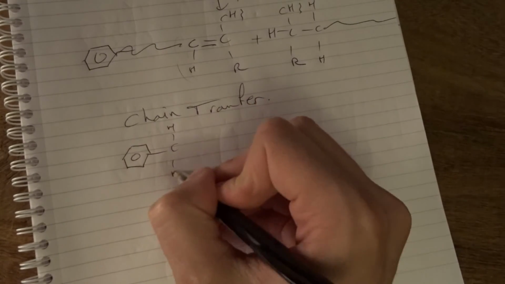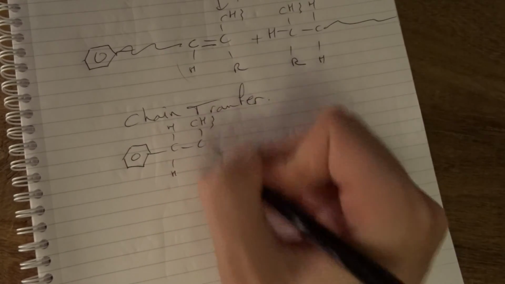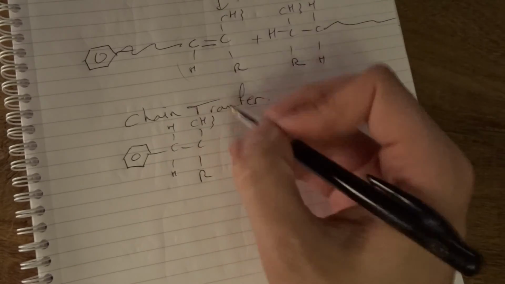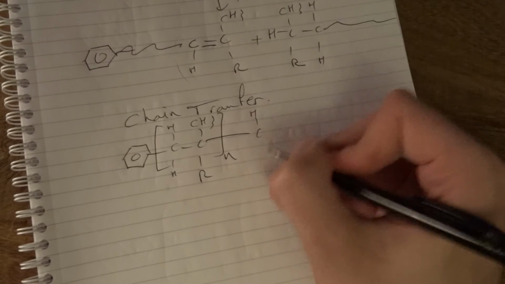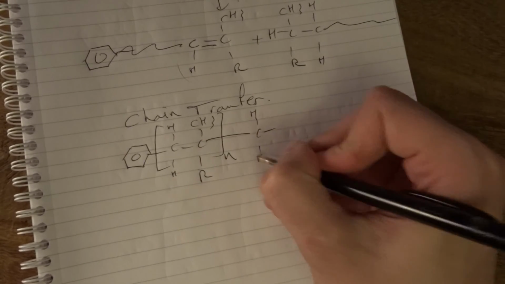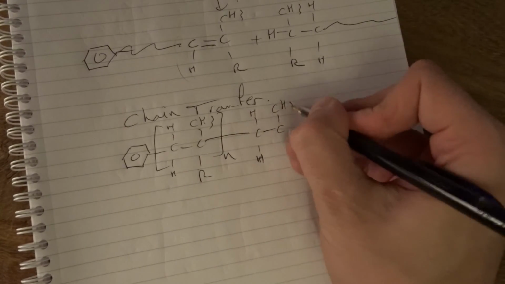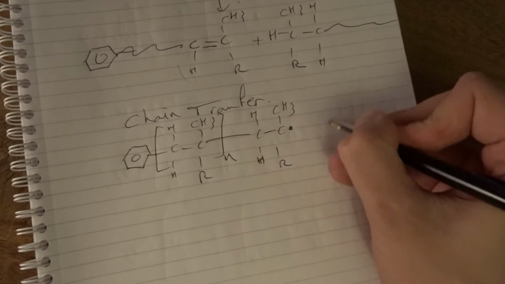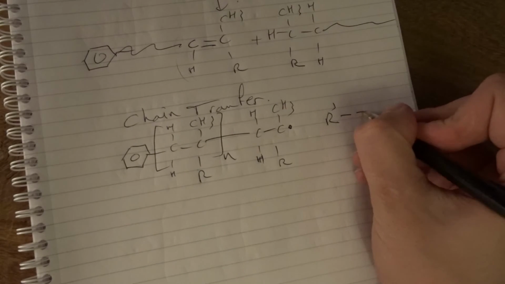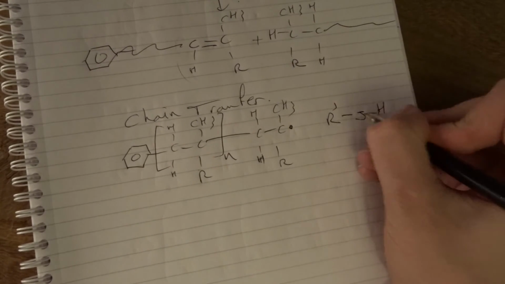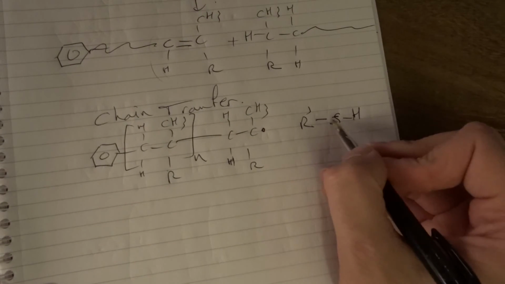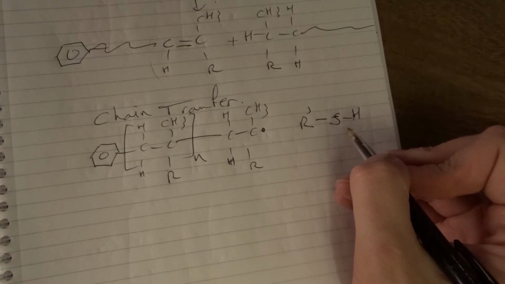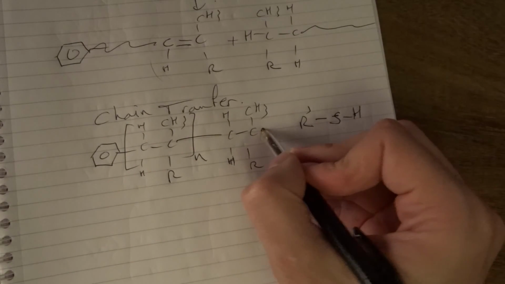So in this case, we still have the same polymer, but we will add CH3R, and the chain transfer agent SH. So this is an example of a mercaptan. And this is quite a weak bond. So this H will react here.